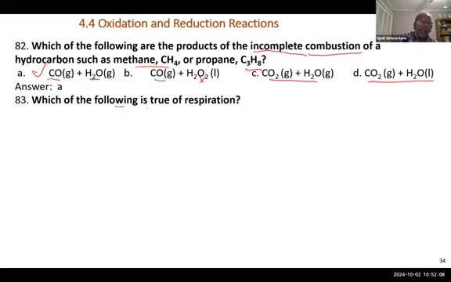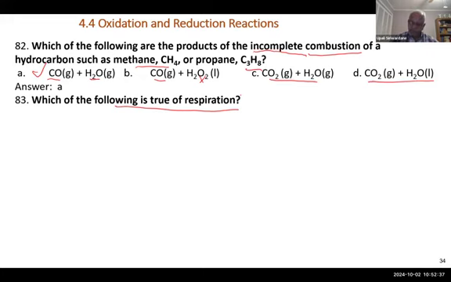Which of the following is true of respiration? We talked about it. Respiration is a redox reaction where glucose is oxidized in oxygen to produce carbon dioxide and water. That's what respiration is.